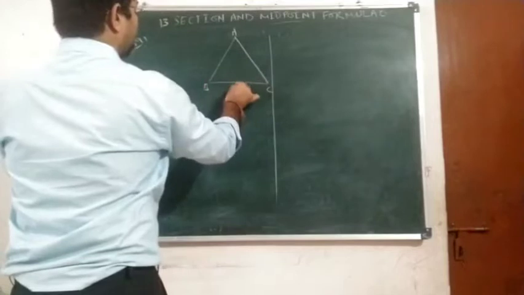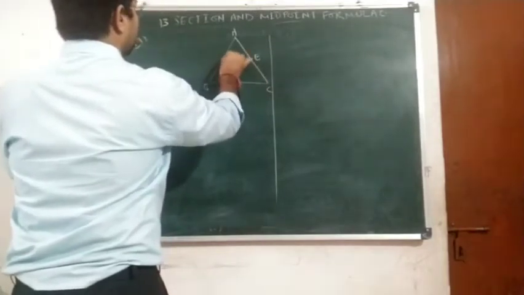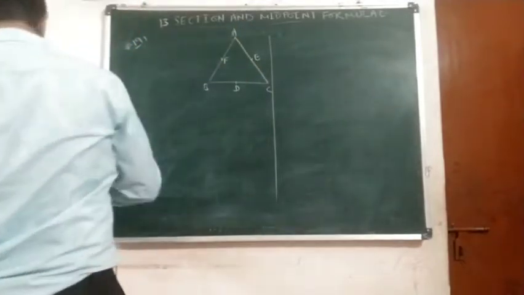D is the midpoint of BC, E is the midpoint of AC, and F is the midpoint of AB. Coordinates of D, E and F are given.